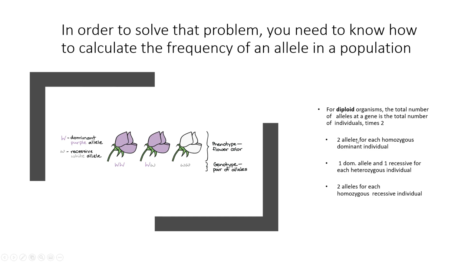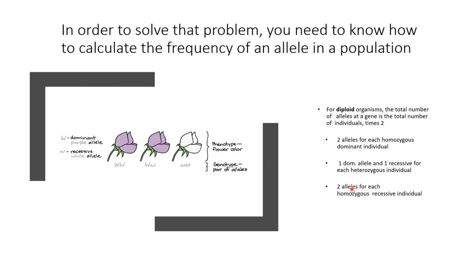If you are homozygous dominant, you have two alleles that are dominant. If we are heterozygous, we have two alleles, one dominant and one recessive. If you're homozygous recessive, you have no dominant alleles and two recessive alleles.